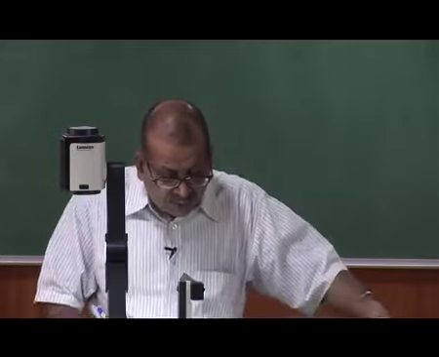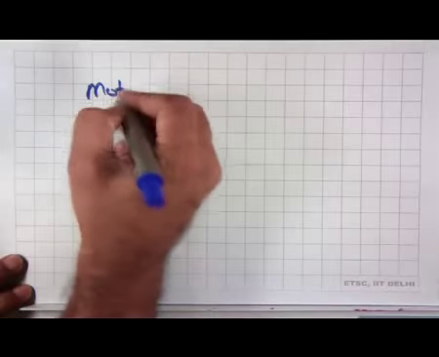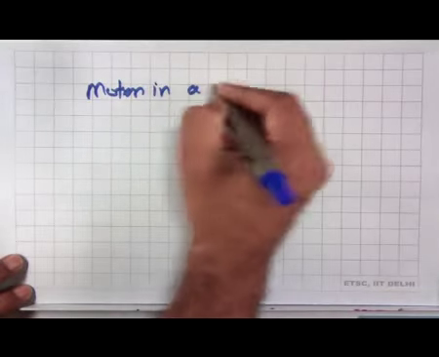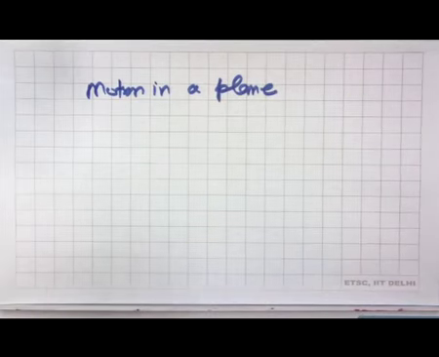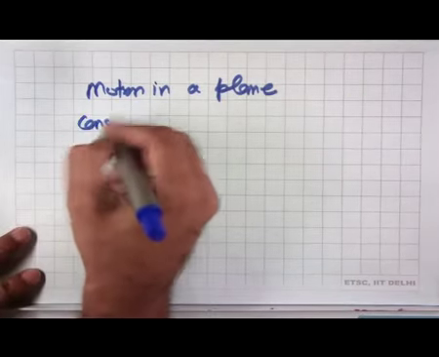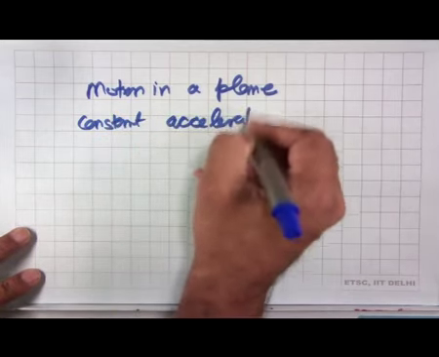And after we do the vectors, then we will look at motion of a body in a plane, and when this motion takes place with constant acceleration.